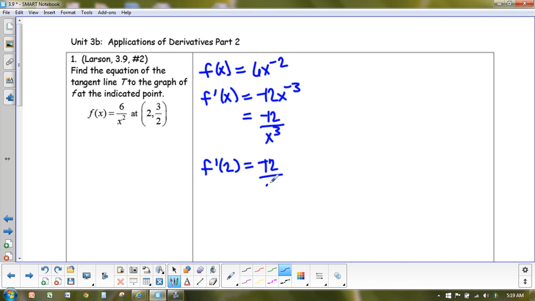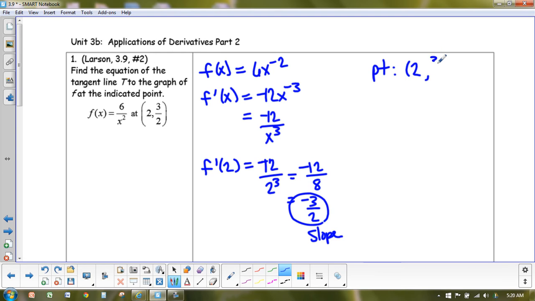So putting those together, I get my line. And again, as we've talked several times, point slope form is easiest. You make the fewest mistakes. So y minus 3 halves equals your slope, negative 3 halves, times the quantity x minus 2. That's my tangent line, and technically I would be done, except they told me to call my tangent line t.